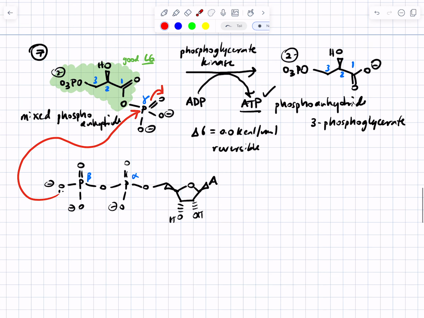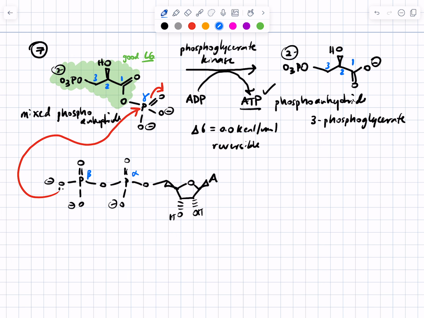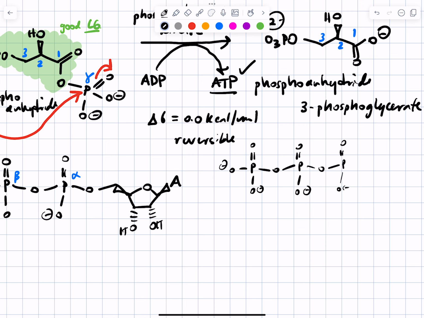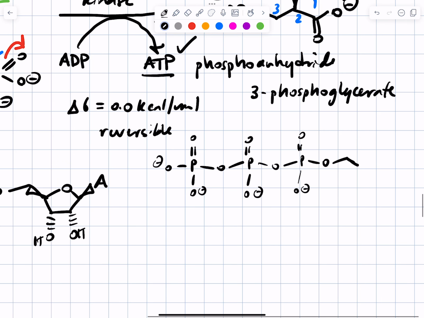Okay. And then just to make things totally clear, I'm going to draw the structure of ATP so that we can demonstrate the new bond that we made versus the old bond that we broke, and so that you can see how both before and after the reaction we've got intermediates with similar stability. So I'm running out of space for the ribose ring of ADP.